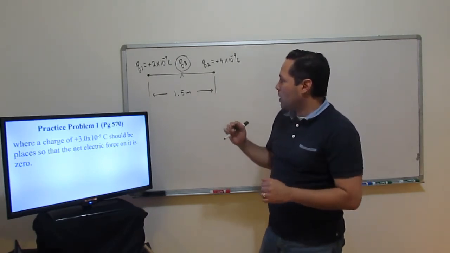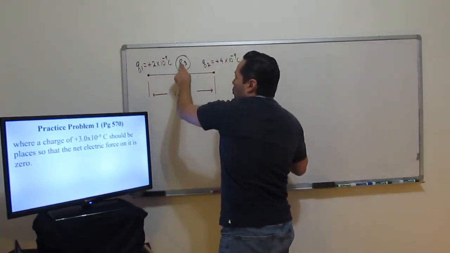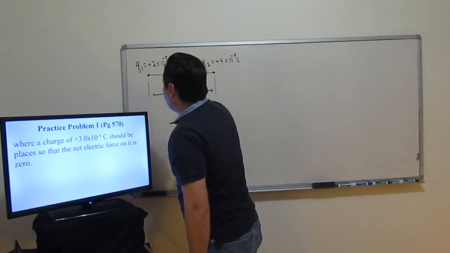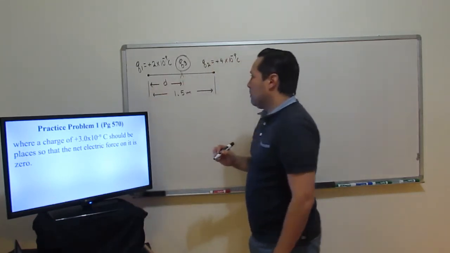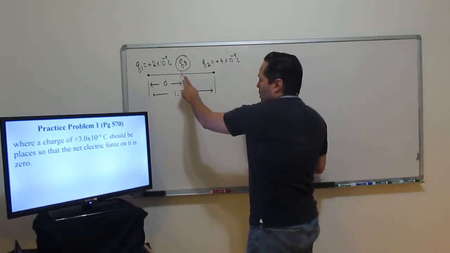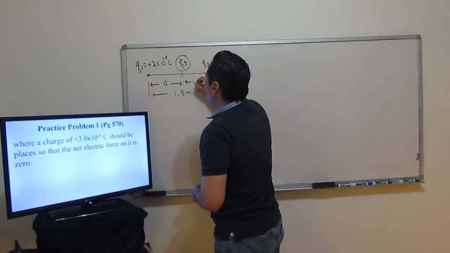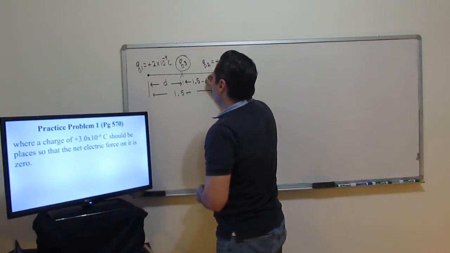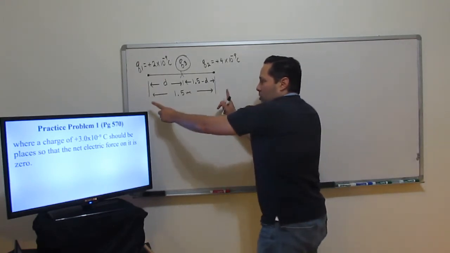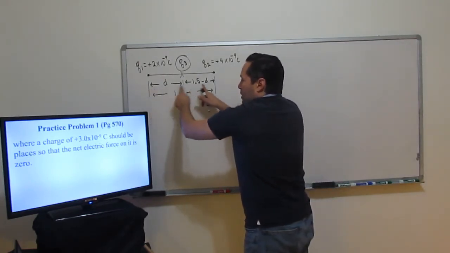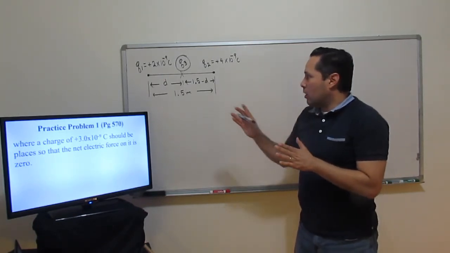I'm going to say the distance from Q1 to that third charge is D, and it's unknown. That means the distance between the charge and Q2 is 1.5 minus D. Those are important values.